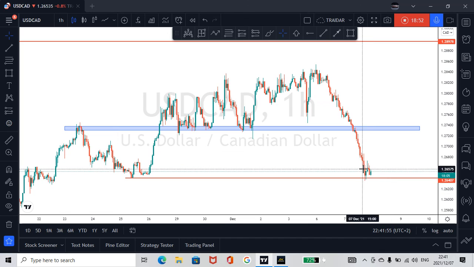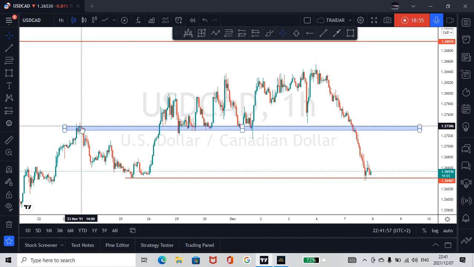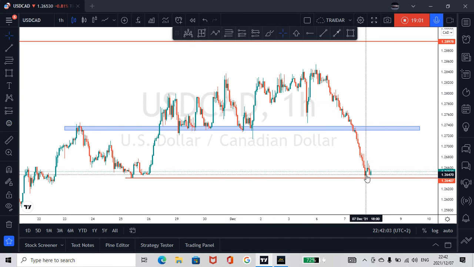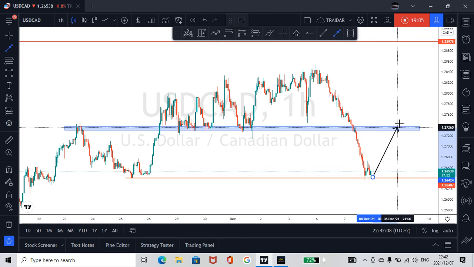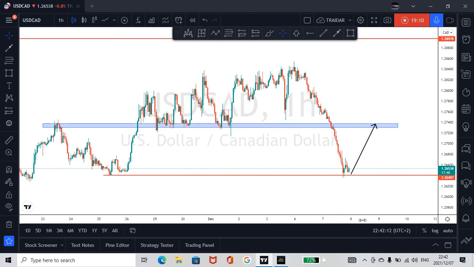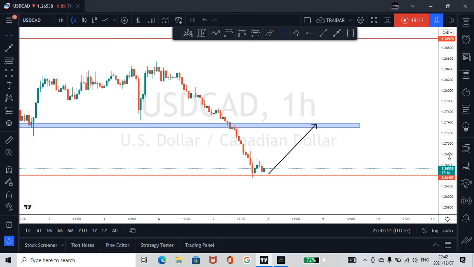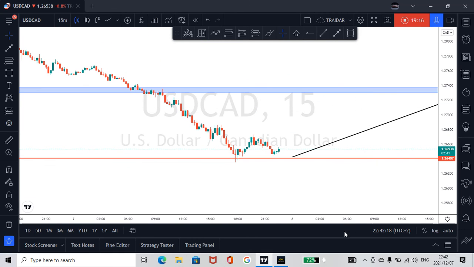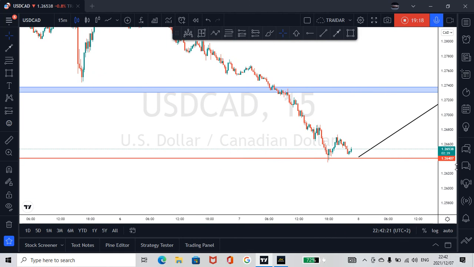Clean. So what are we looking for next? We have a resistance, we have a support, multiple touches of support. Market broke the support finally. What are we looking for next? Looking to see the market going up to test the support. So where is our entry? Go down to the 15 minute.